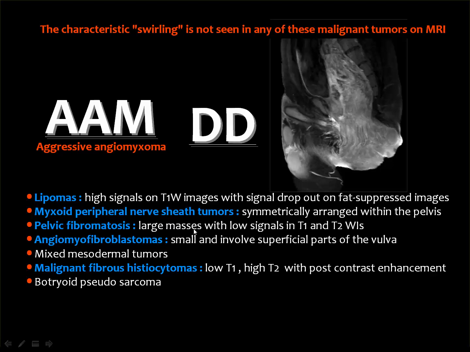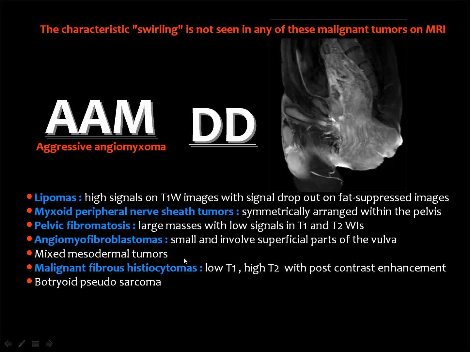Myxoid peripheral nerve sheath tumor is usually symmetrically arranged within the pelvis. Pelvic fibromatosis are large masses of low signal in the T1 and the T2 weighted images because of the fibrous tissue. Angiomyofibroblastoma are tumors of a small size and usually involve the superficial part of the vulva.